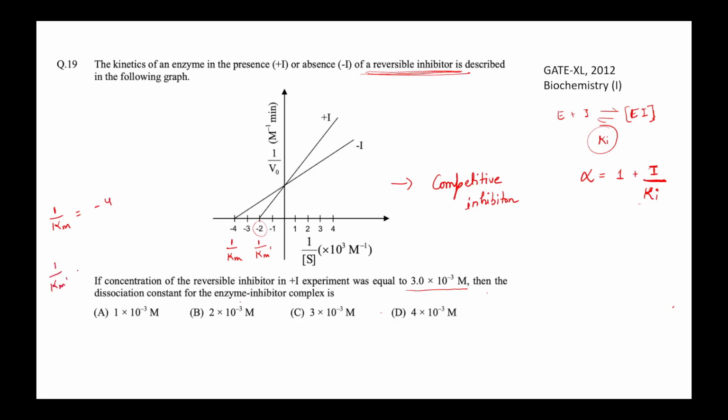As the substrate value cannot be negative, we ignore the minus, and these are our Km and Km prime values. So if we put these values in alpha Km, the alpha value will come to 2.